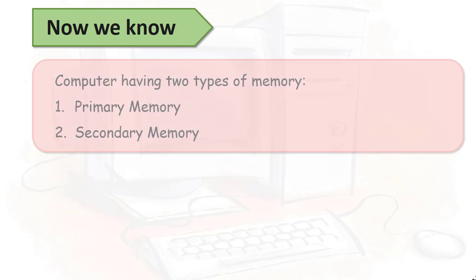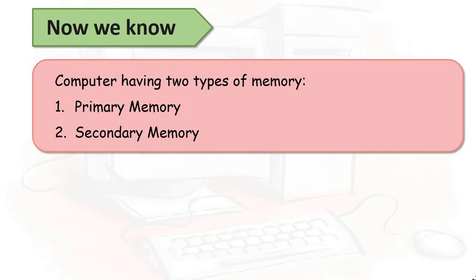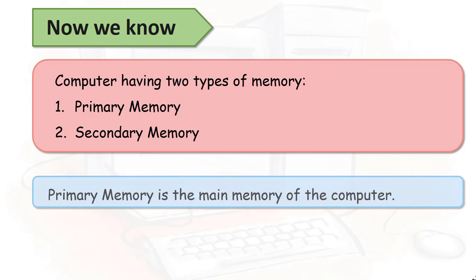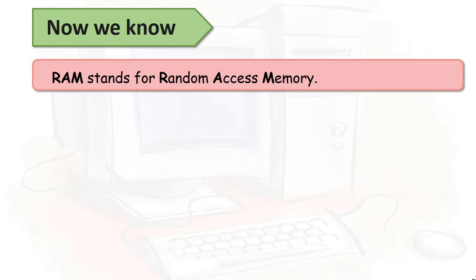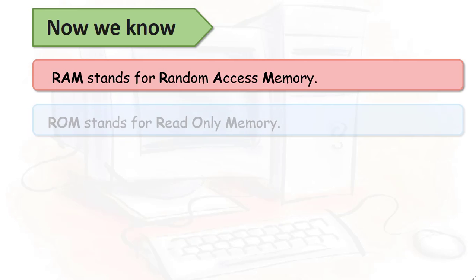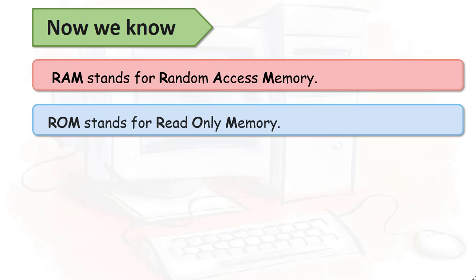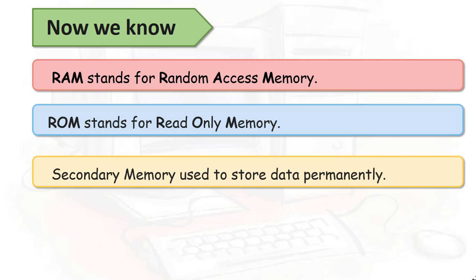Okay, so the computer has two types of memory, right? Primary memory and secondary memory. Primary memory is the main memory of the computer, and it is also divided into RAM and ROM. RAM stands for random access memory, whereas ROM stands for read-only memory. Secondary memory is used to store data permanently.